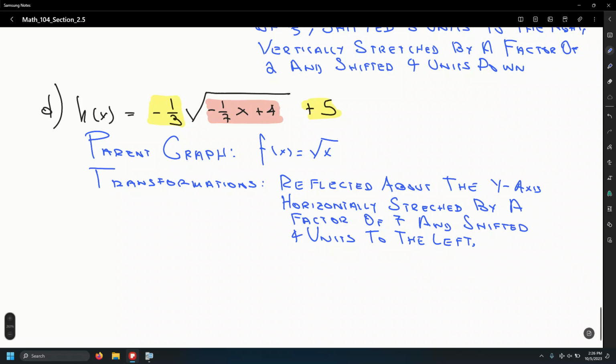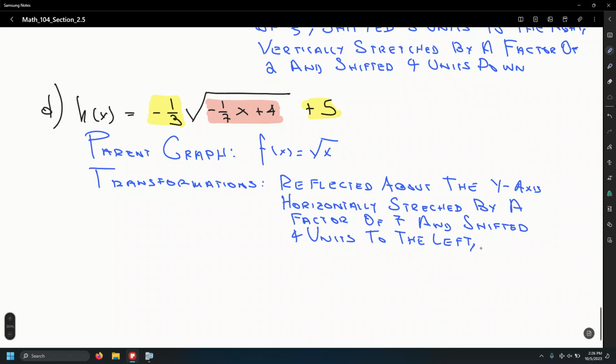Let's have a look at the y transformation. So number one, the negative sign outside of the radical. What does that mean? The one in yellow, the negative?